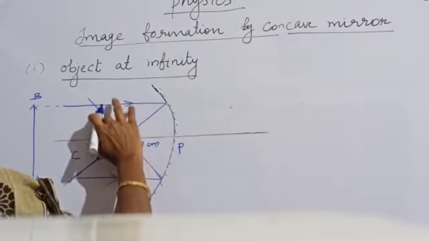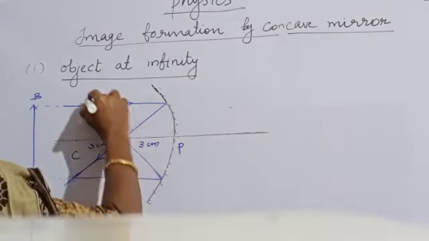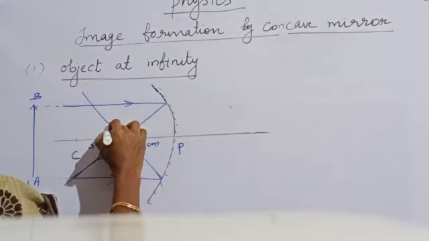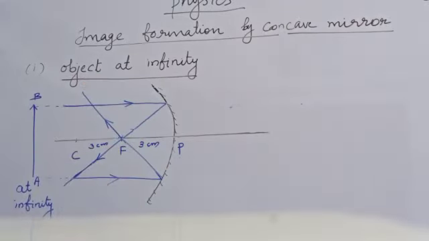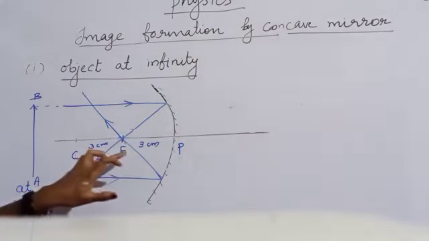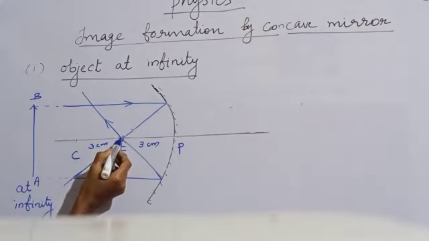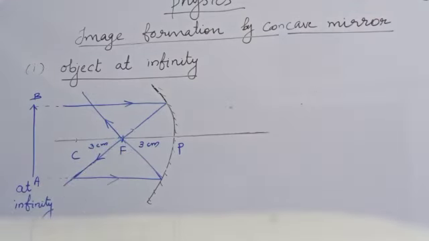So you will get a straight reflected ray passing through F, the principal focus. So here will be the formation of the image. Where these reflected rays meet, that point is the position of the image formed.